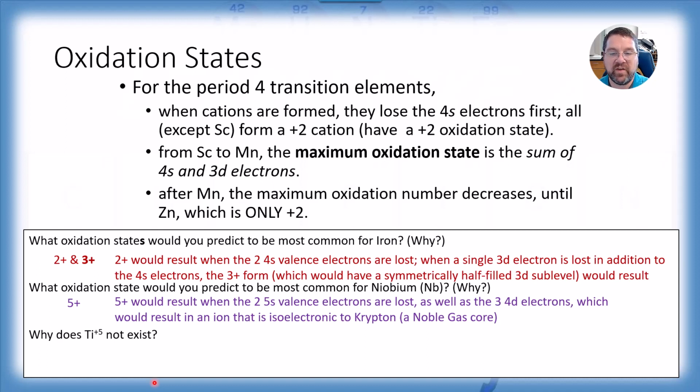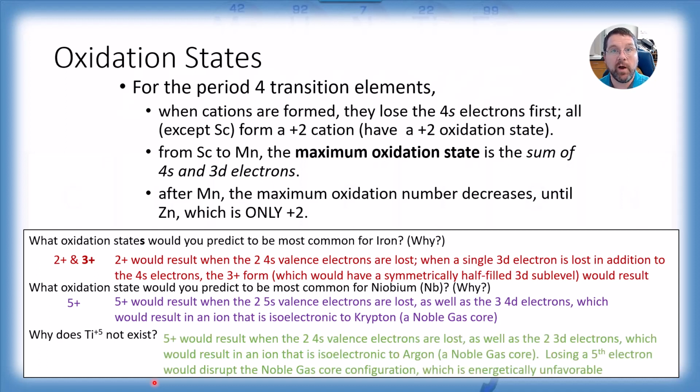So to lose a 5th electron would be to disrupt a filled valence shell. And that is really not energetically likely to happen at all. For that reason, we are not going to naturally see titanium-5 ions existing, because the amount of energy it would require to remove one electron from that configuration would take extreme conditions, and it's not likely to occur at all.